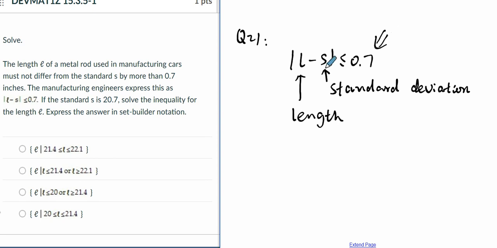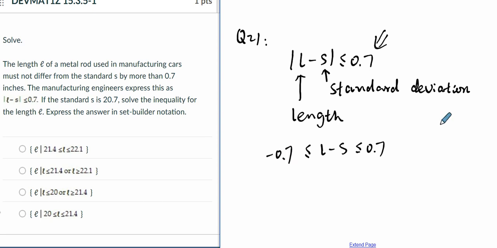Either negative distance or positive, we choose the absolute value to be the difference. So when you translate this one, you will see that L minus S is less than 0.7 and greater than negative 0.7.